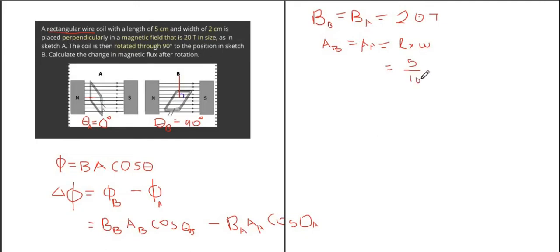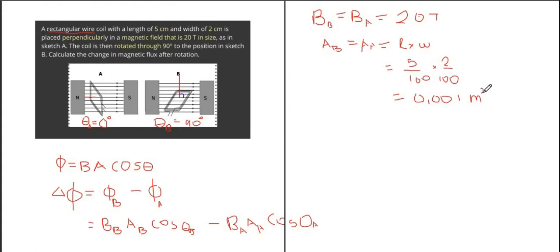So 5 divided by 100, multiplied by 2 for the width, divided by 100, right? Put this in your calculator and you'll find the area. I think your area is going to be 0.001 meters squared.